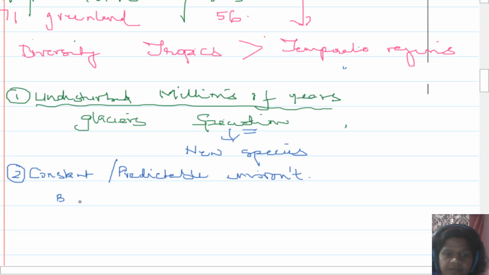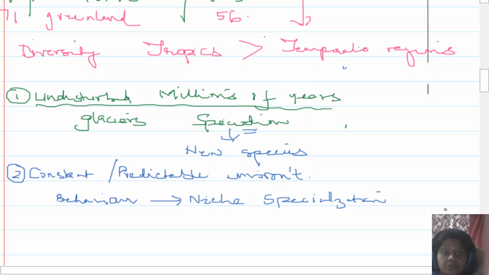The behavior of the animals led to niche development or niche specialization, because the climate was the same and the environment predictable. So they developed into different species.